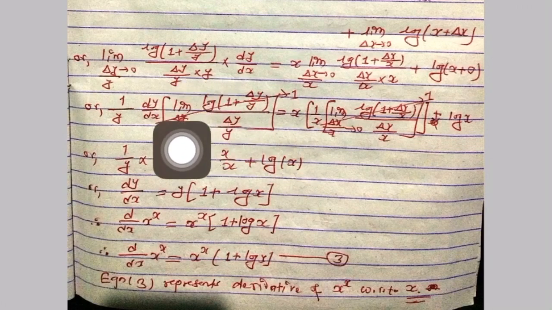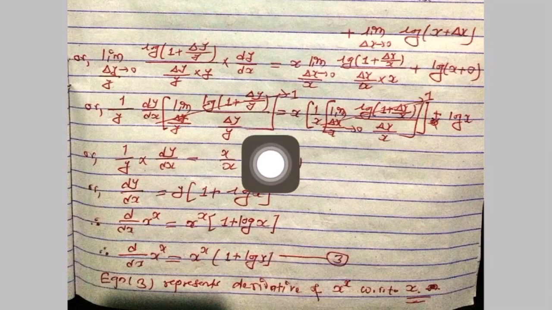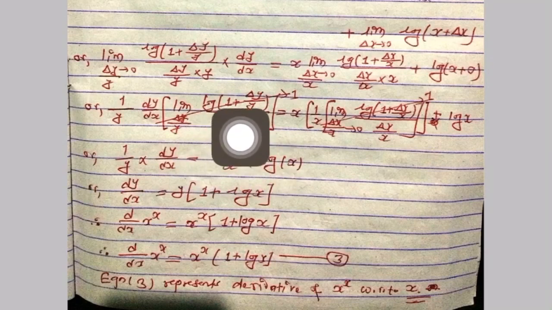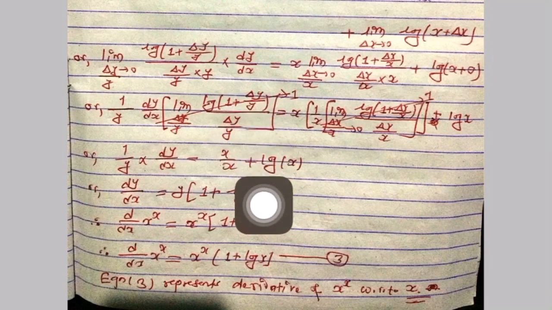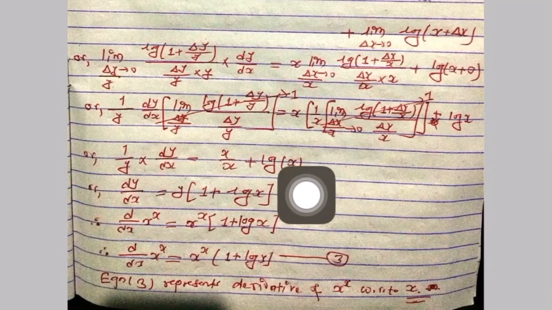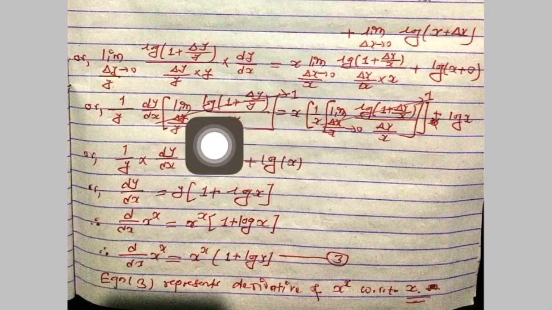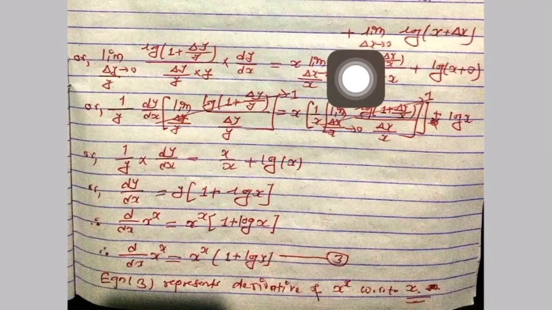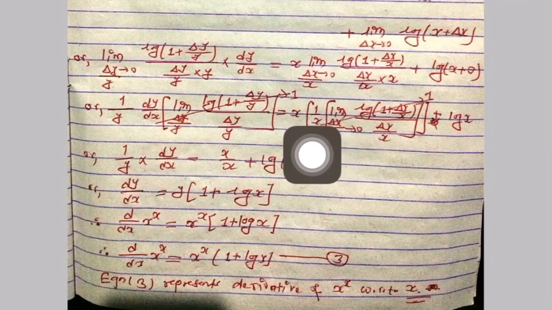Here del y by y tends to 0 was missing, so you can add it. This term is in the form of a standard limit, limit x tends to 0 log of 1 plus x divided by x, and it gives you the result 1, and we can use 1 here as well.